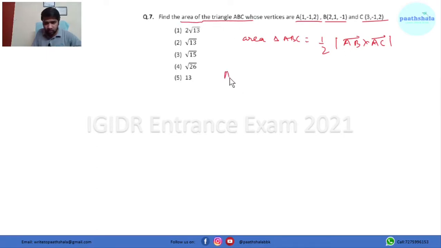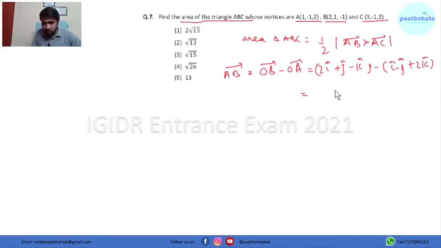So let's begin with the AB vector. AB vector will come out to be OB minus OA, and OB vector is 2i cap plus j cap minus k cap, and minus OA vector is i cap minus j cap plus 2k cap. Now solve it. So this will come out to be i cap plus 2j cap minus 3k cap.